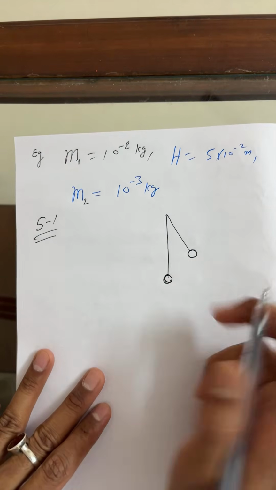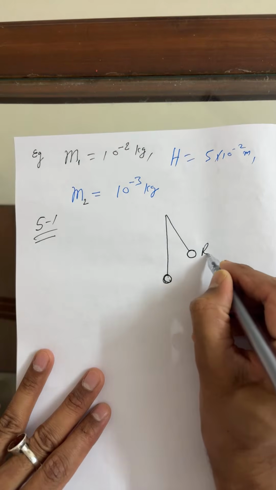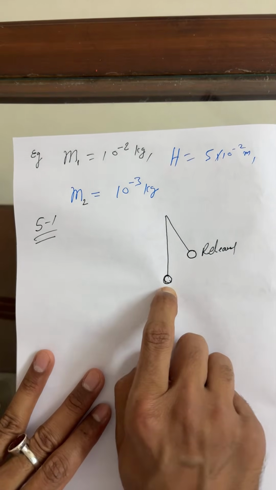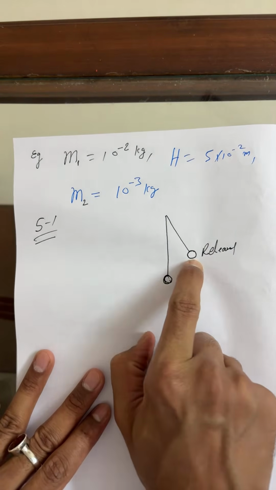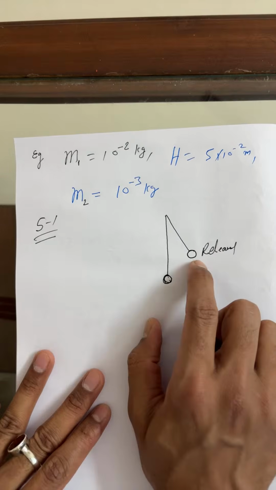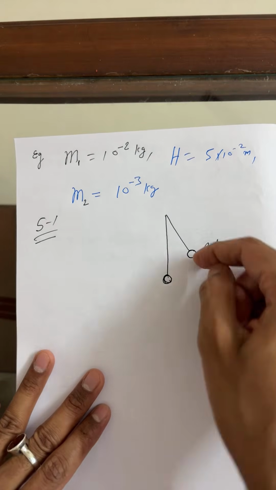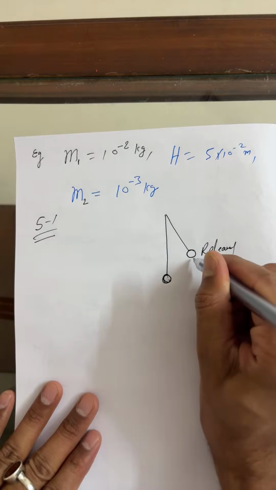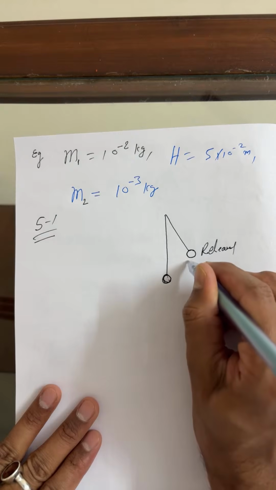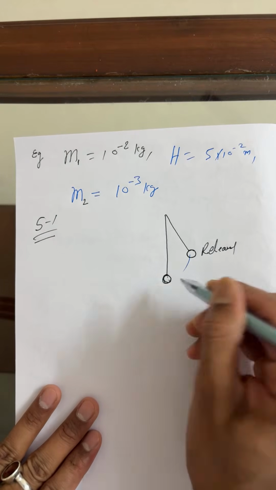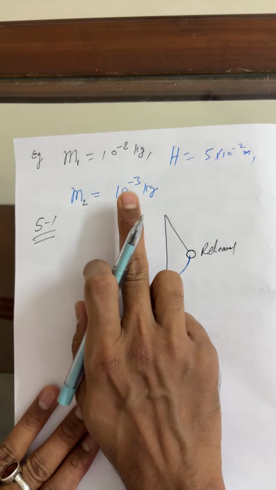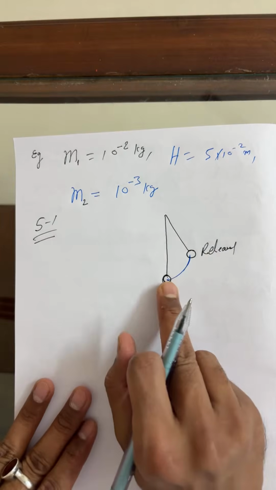Now students, here you release the M1 block from its initial position. If this block is released, the bob comes back, and here it picks up this much mass, so the mass increases.